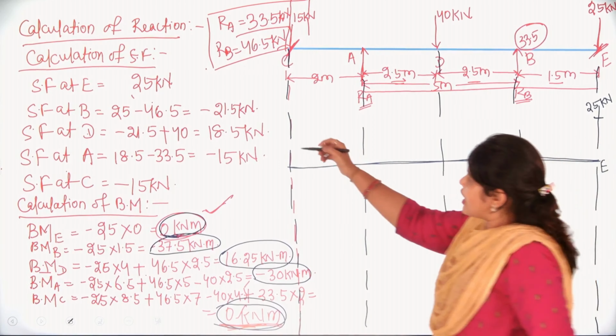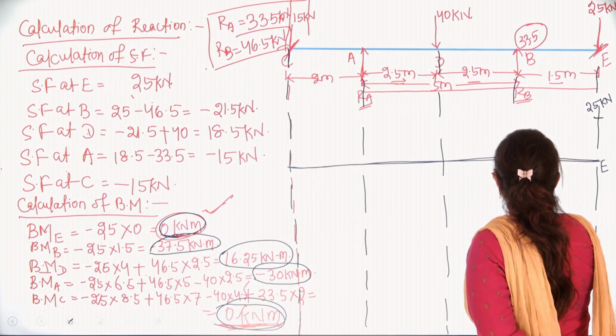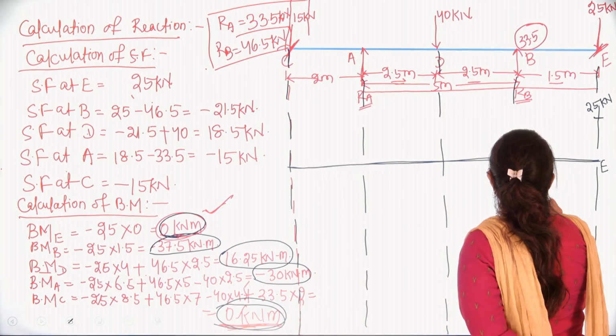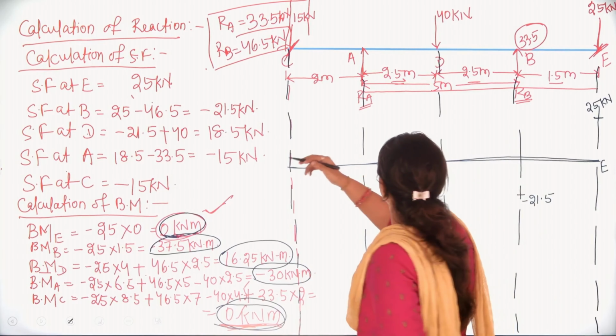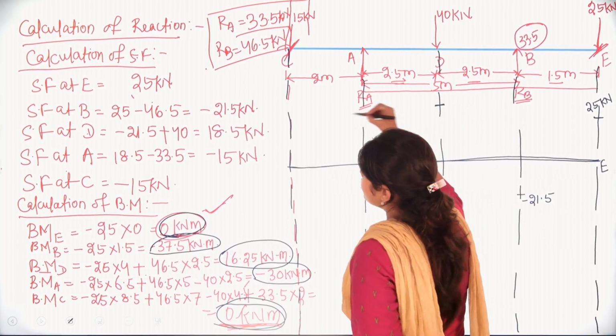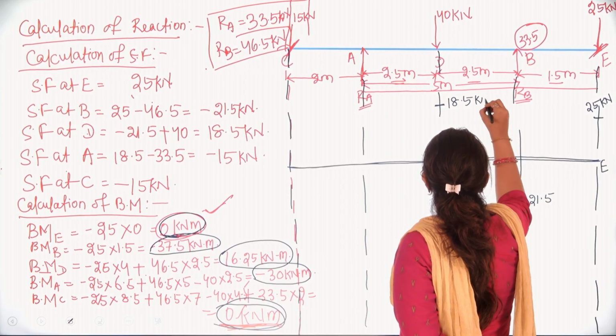Next, at point B you have minus 21.5, so this will be your minus 21.5. Again at D you have 18.5 kilonewton.